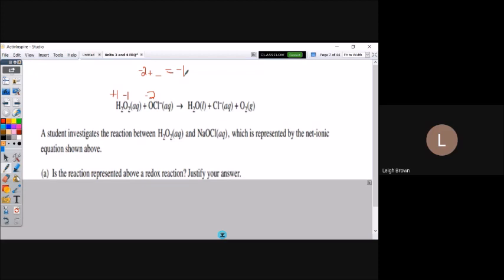Okay, so I've got +2. Chlorine had to be something to get -1 overall. Well, it seems really strange, but it is correct that chlorine would have to be +1. Okay, remember oxidation numbers, so don't just assume chlorine's going to be -1 since it's a halogen.